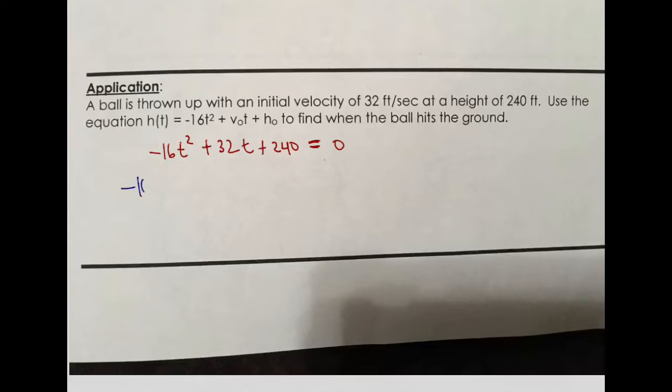negative 16. Now we have parentheses, and we have 3 terms before we pull out the negative 16, so we're going to have 3 terms on the inside. How do we figure out those 3 terms? Divide by negative 16. Negative 16 divided by negative 16 is 1. Then you bring your t squared down since we're not dividing by the variable.